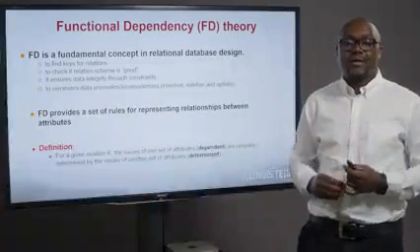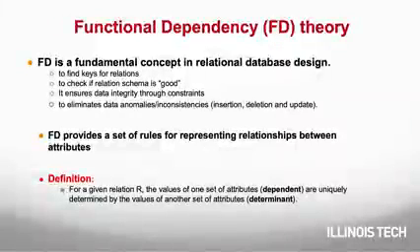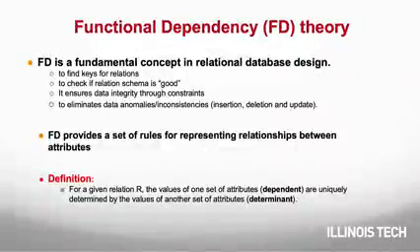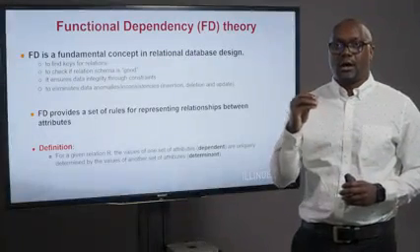Let's begin with looking at the theorem. Functional dependency is a fundamental concept in relational database design, and we use it to find keys for a relation. We also use it to check if a relation is in a good form, good form in the sense that we ensure that data is not duplicated.